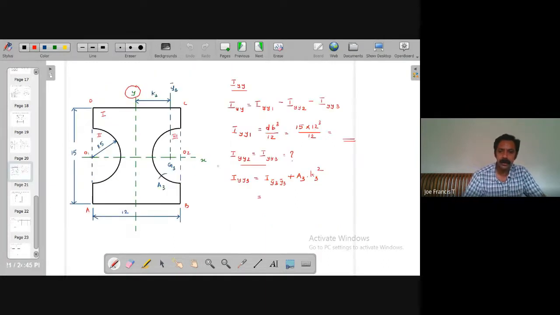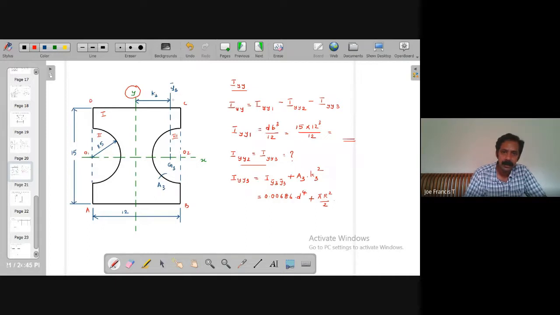So it is 0.00686 into d raised to 4 plus area, which is pi r squared by 2, into, how much will be this K3? You know, the distance of the centroid from the diameter, right?